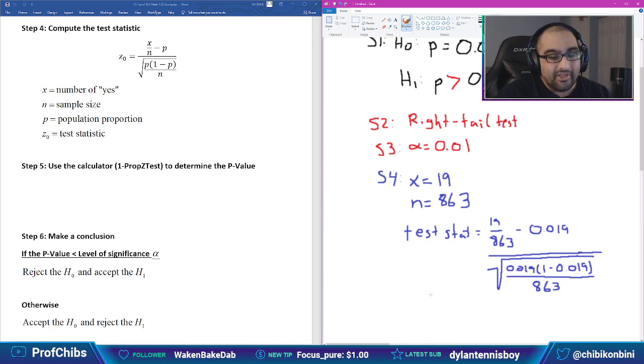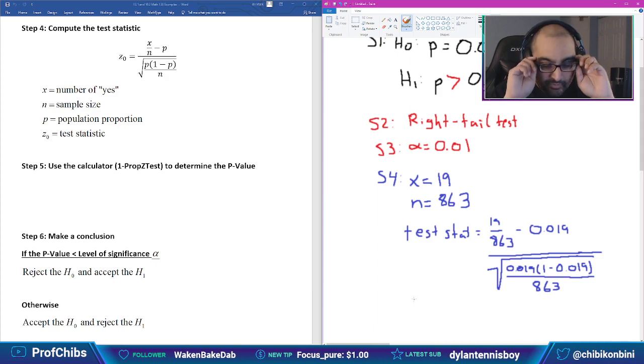Now let's take a look at the test stat. There is one problem with it, as you can see on screen. This formula with all the numbers written in is extremely messy. Very, very messy. It's really ugly. I want you to understand one thing. Please do not enter this into the calculator. You will have a bad time.